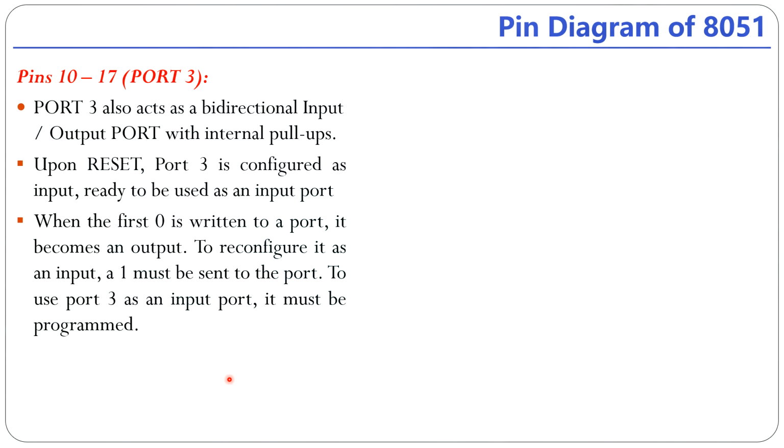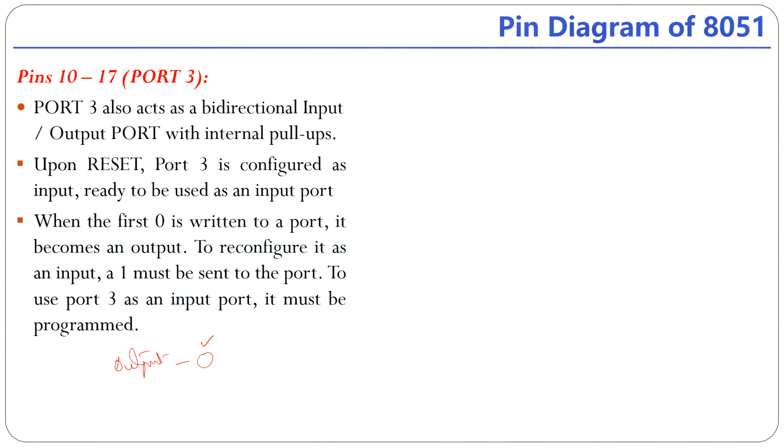So from this, I can conclude that if you want to configure any port line as output, first you need to write logic 0 onto the corresponding port line.